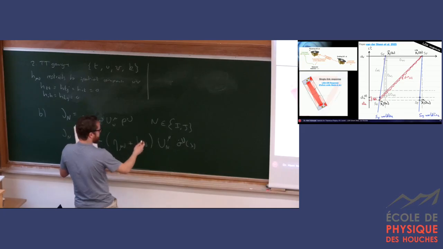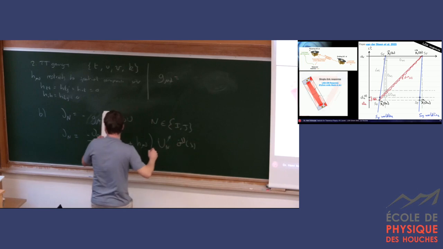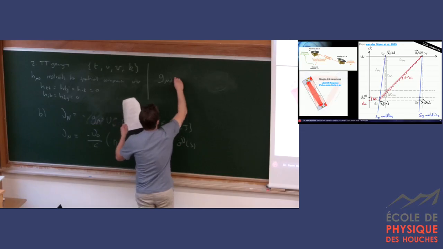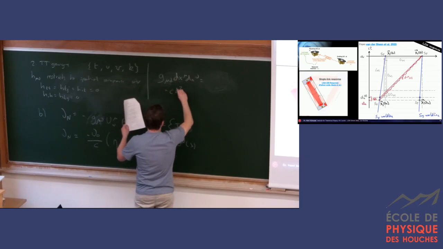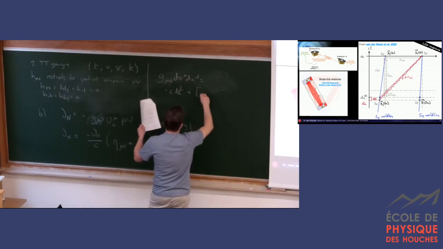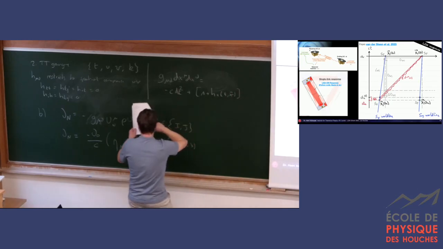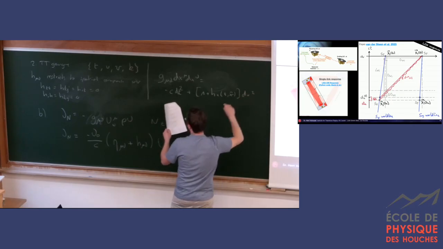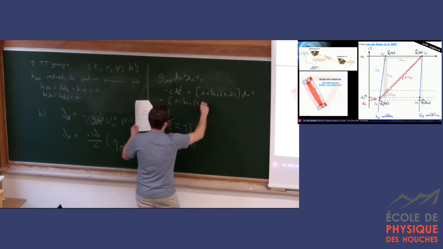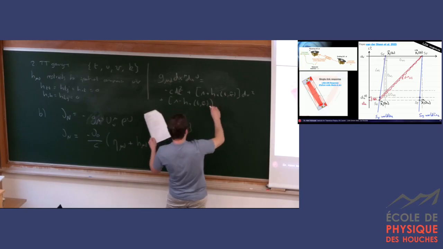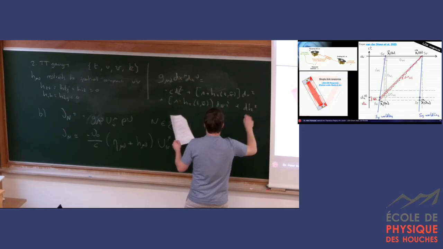You can show that your metric g mu nu can be written this way between the two spacecraft: minus c dt squared plus h plus, cross, du squared, plus h plus dv squared.